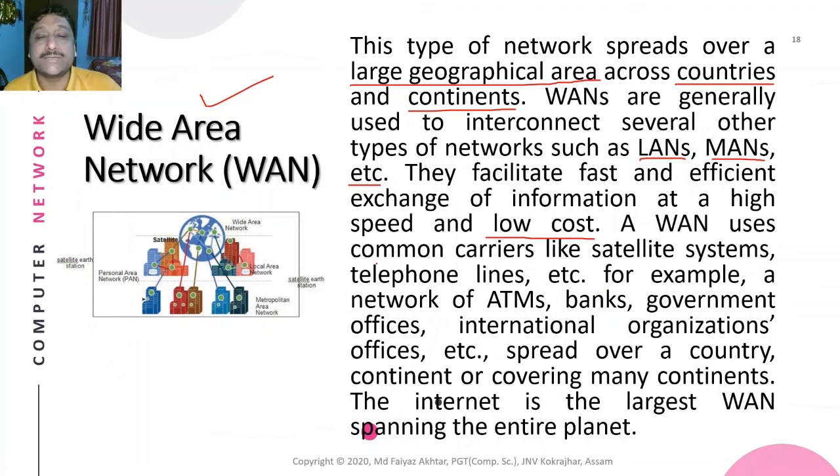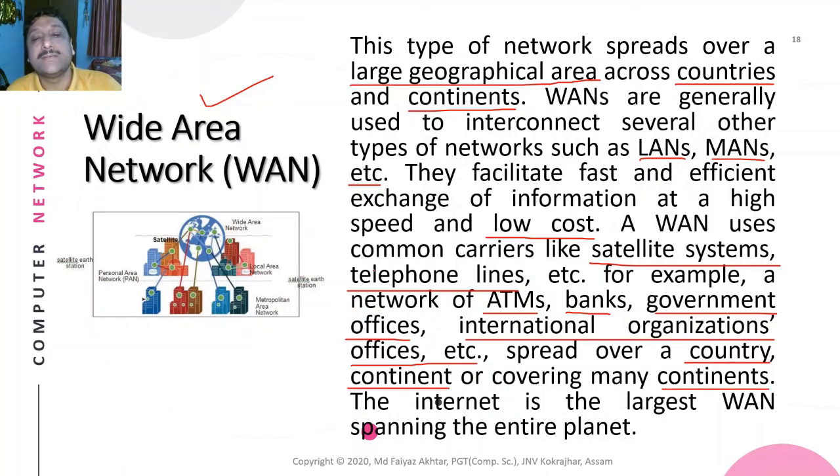A WAN uses common carriers like satellite systems. A WAN can even use satellite systems, telephone lines also, etc. For example, a network of ATMs, banks, government offices, international organizations, offices, etc. is spread over a country, continent, or covering many continents.